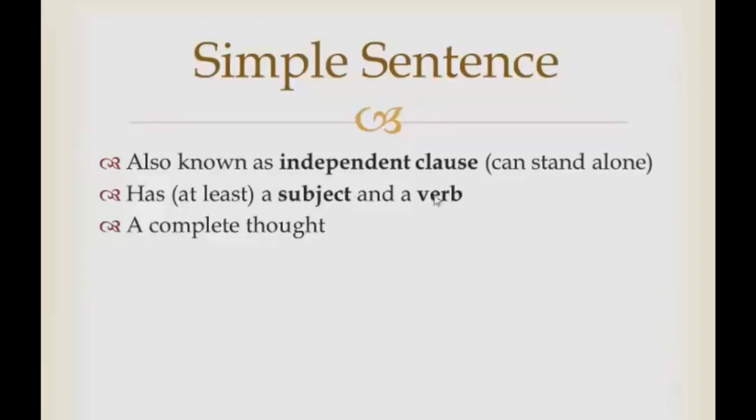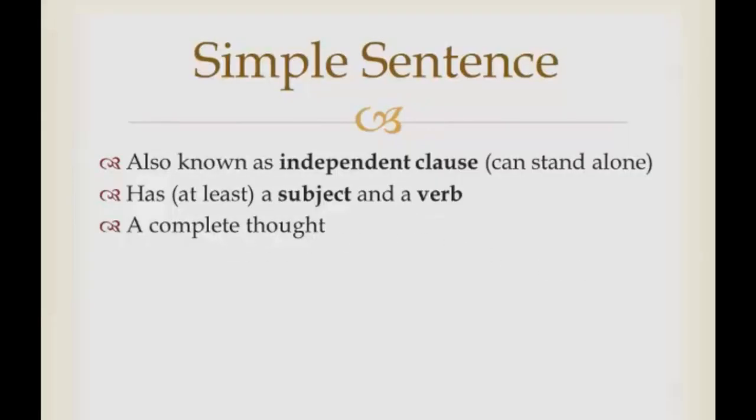Well, a subject is a thing or person doing the action, and the verb is actually the action. So an independent clause has one subject and one verb for it to be called a clause. It's a complete thought, and it makes perfect sense.